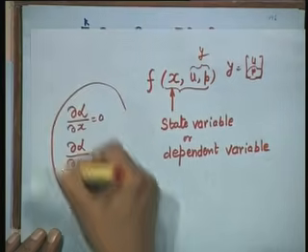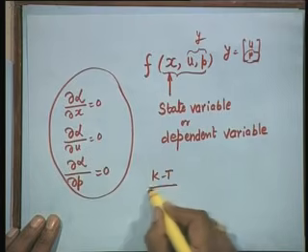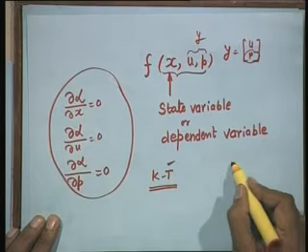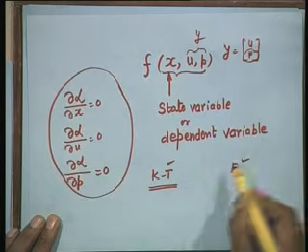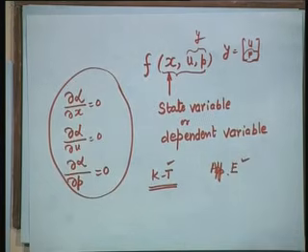These three together are called KT conditions, and the details about this are given in appendix E in the book. In case you get more interested, read it. You should cultivate the habit of reading books, journals, because you are a postgraduate student, not an undergraduate.